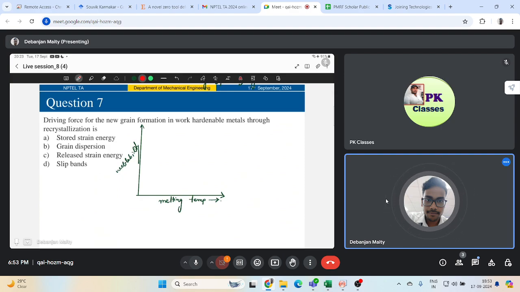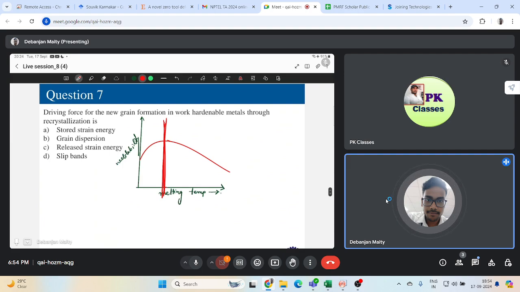Something like this. Initially it will increase, and then with an increase in melting temperature, something like this. So there is a limit on the temperature up to which the weldability will increase, and after that it will decrease again.